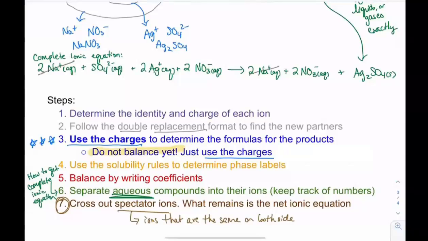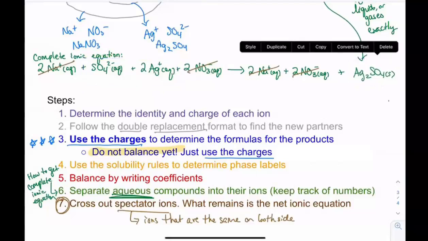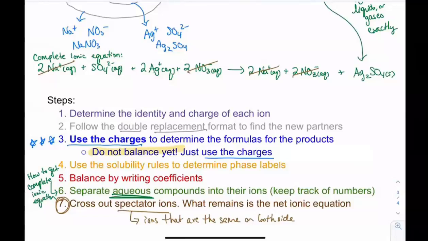Sodium ions are exactly the same on both sides. Nitrate ions are also exactly the same on both sides. The other 2 ions change. They start out as separate aqueous ions. They end up together as a solid. So that does not count as exactly the same. That counts as different. And what we're going to do is copy down what's left.